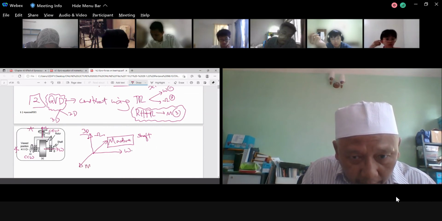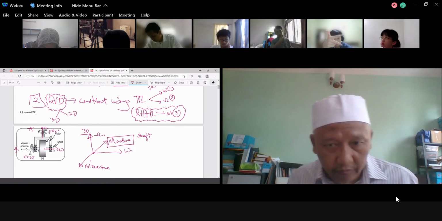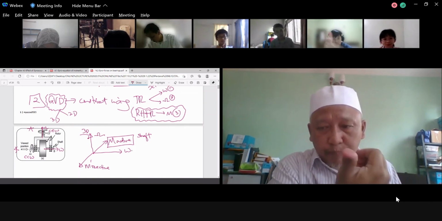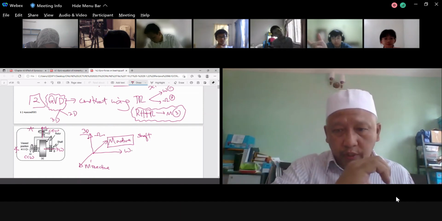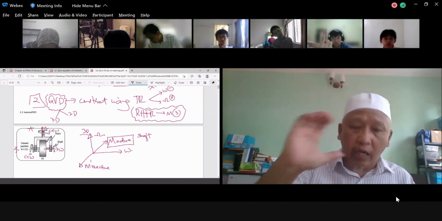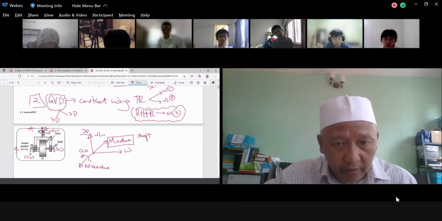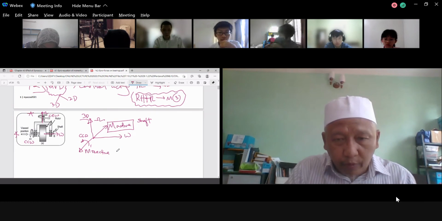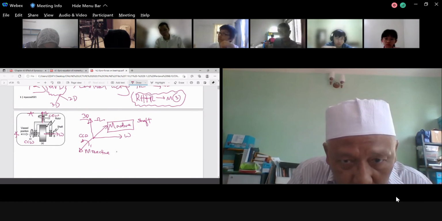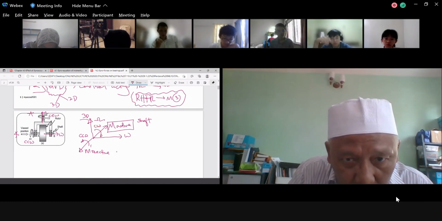This M prime we call reactive. So now instead of pointing inward, it will be pointing to you and rotating counterclockwise. Am I correct or not?